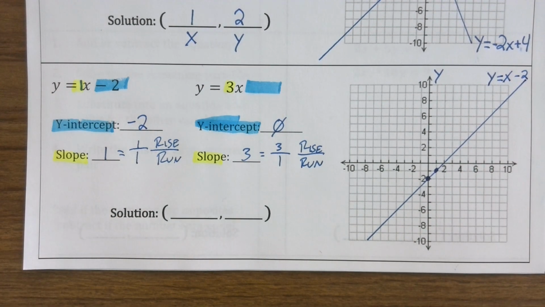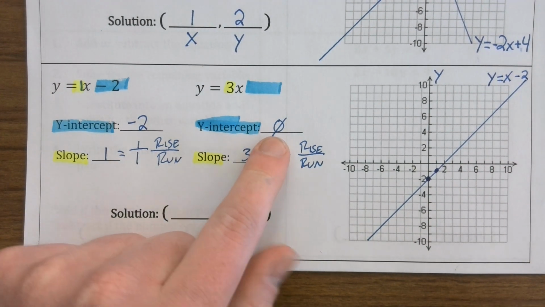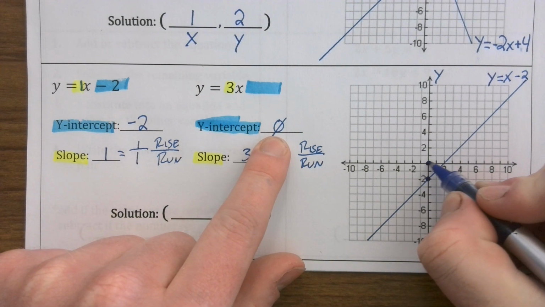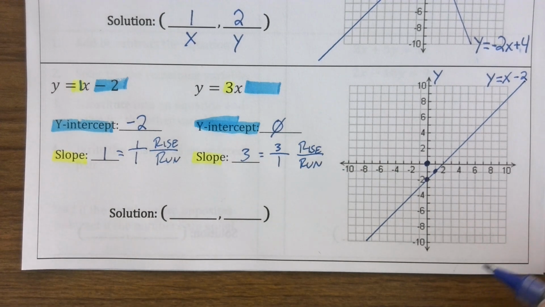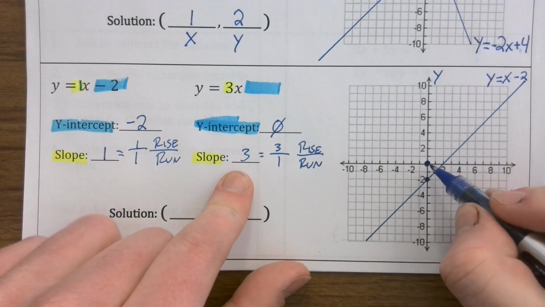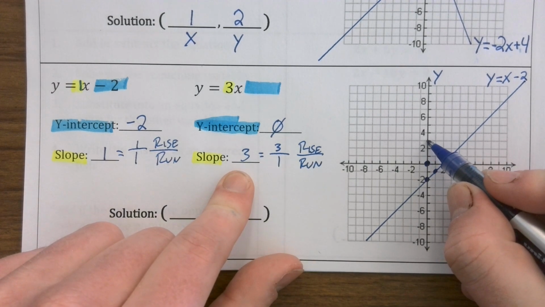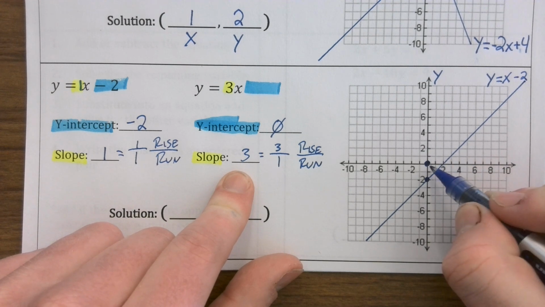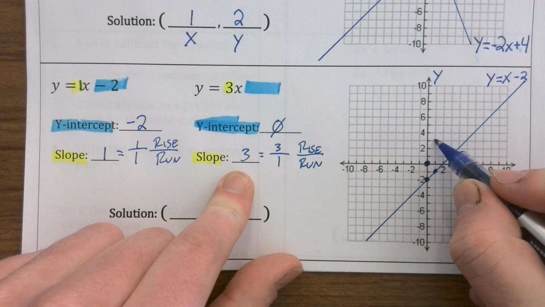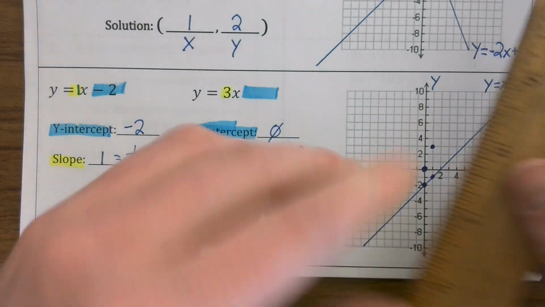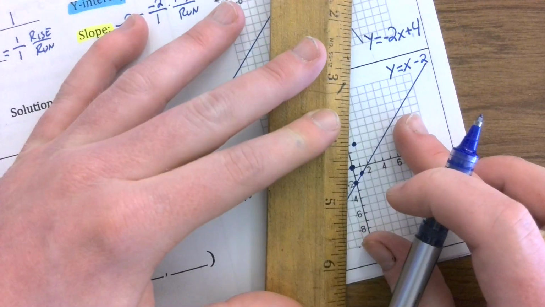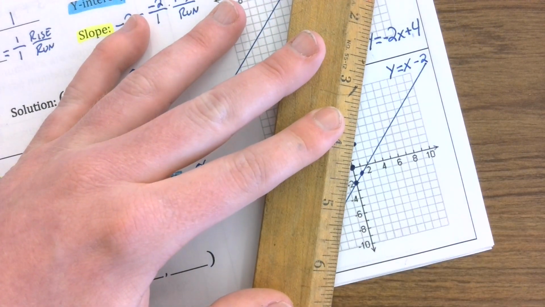And now we're going to do the same thing with our second equation. Our y-intercept is 0. So I'm going to put it right in the middle at the origin, because that's where 0 is. Our slope is 3, which means I'm going to go over 1, up 3. And now I'm going to graph those points.